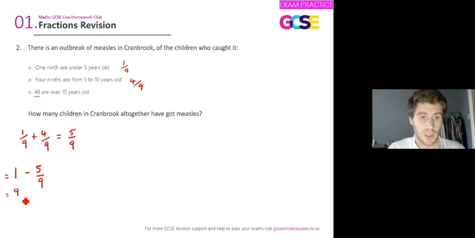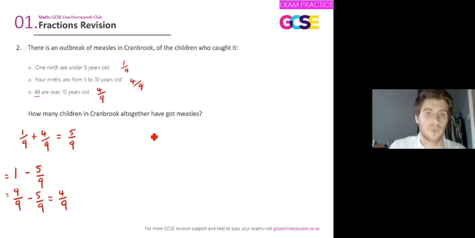A whole is simply the same numerator and the same denominator. So 9/9, and now we have the same denominator, which means we have 4/9. So there are 4/9 of the children in Cranbrook that are over 10 years old.